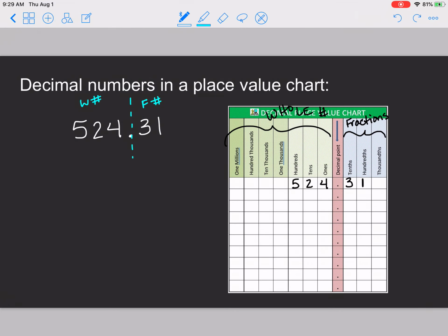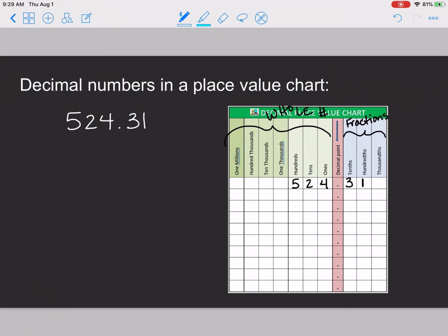But now I want to compare it to a couple of other numbers. And I'm going to rewrite this. So I had 524 and 31 hundredths. Okay, now I'm going to compare it to a couple of other numbers. Let's say I'm being given a list of numbers to compare.